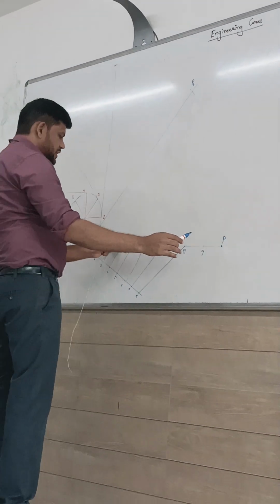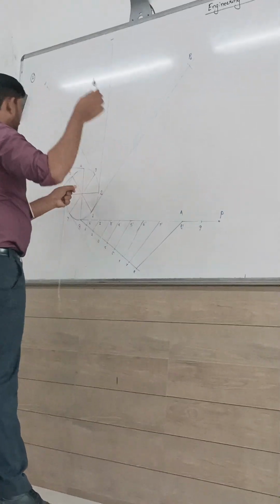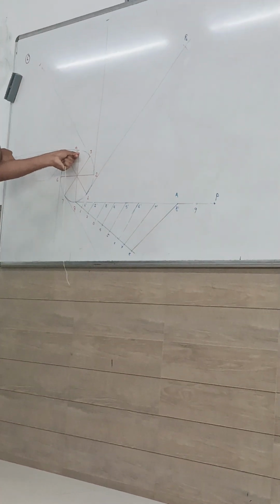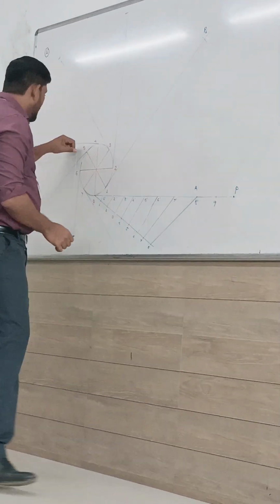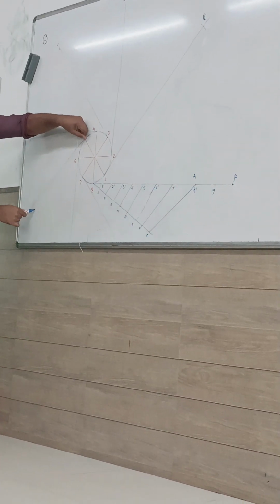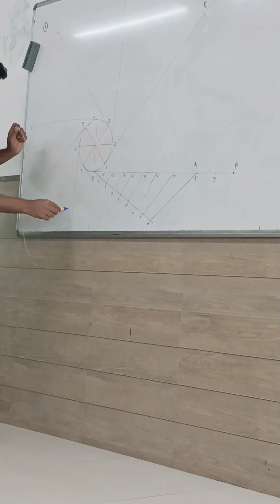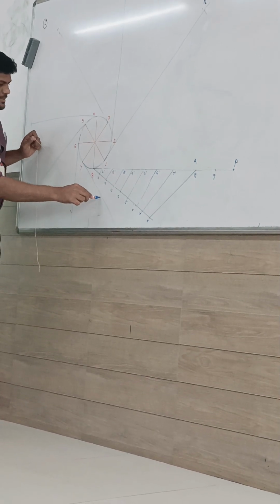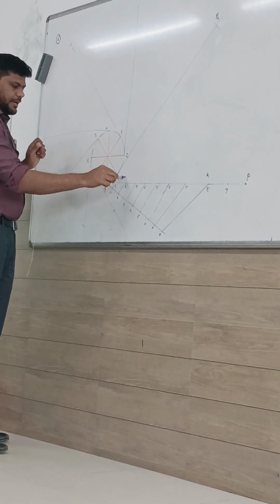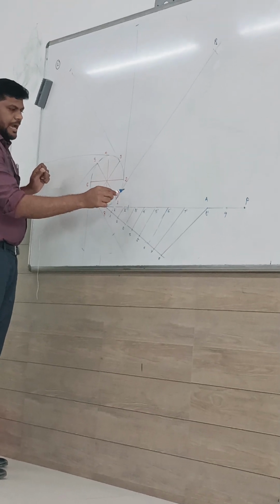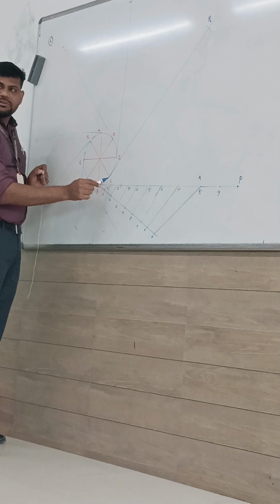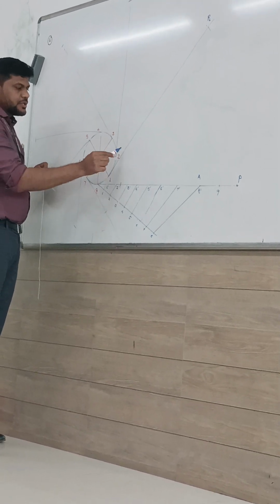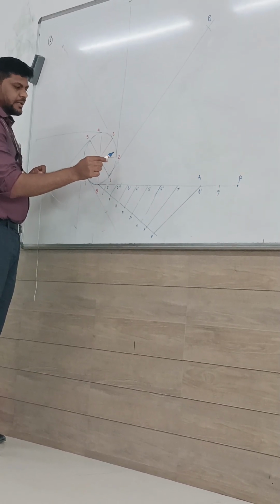Take distance 4 dash to P, from point 4 cut an arc. 5 dash to P, from point 5 cut an arc. 6, 7, 8, which means this is the horizontal line. And which is point 9? This is point 8. Then again 1 will represent point 9, so on that tangent it will cut.